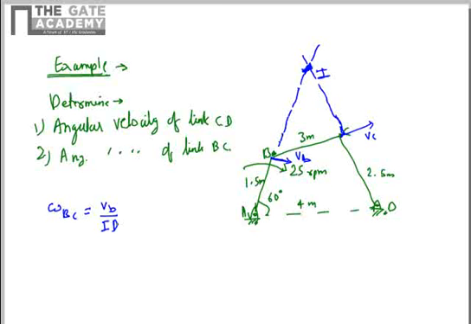To determine this, first we need to know VB and we need to construct the diagram. The diagram can be constructed to a scale, and then you can measure the distances here, IB and IC. I'll give you the values straight away.